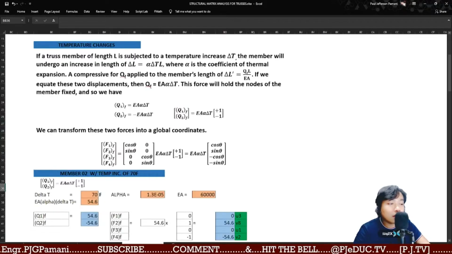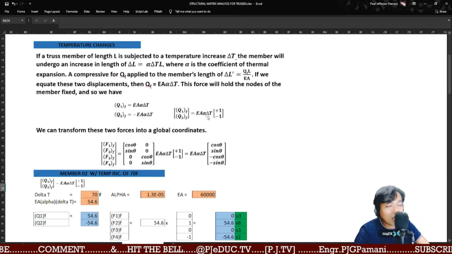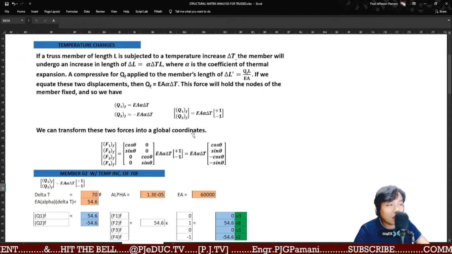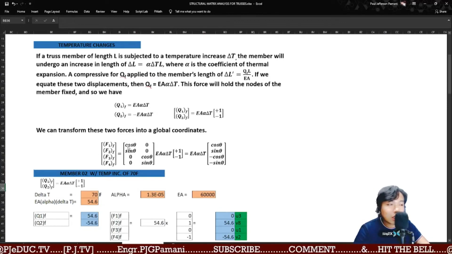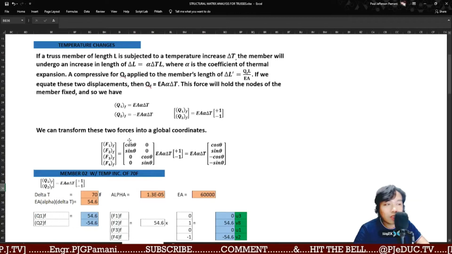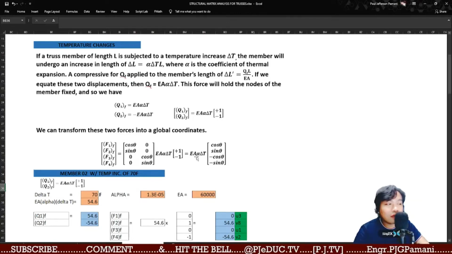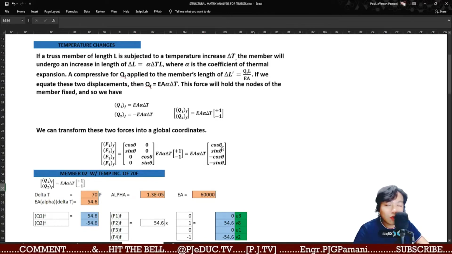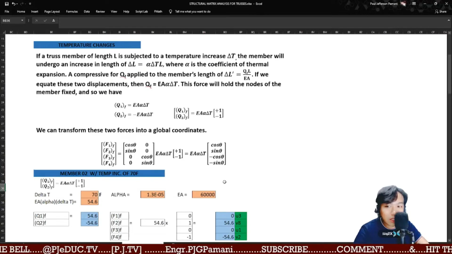But with regards to the change in temperature, we just replace that, which is EA alpha delta T. Then the same again in our global structure matrix, global coordinate matrix, using the change in temperature, we have EA alpha delta T of positive cosine theta, sine theta, negative cosine, and negative sine.